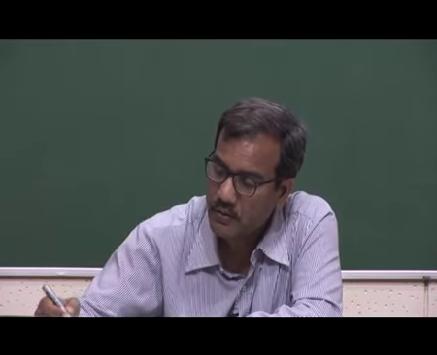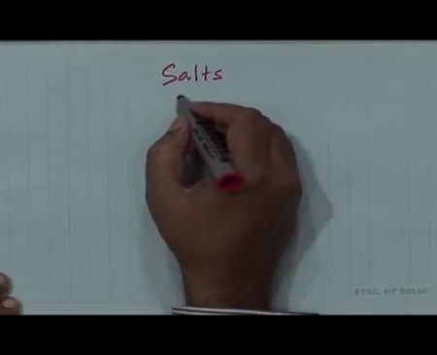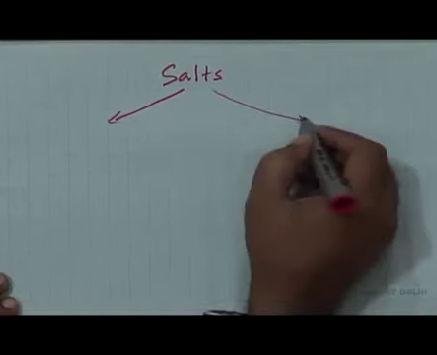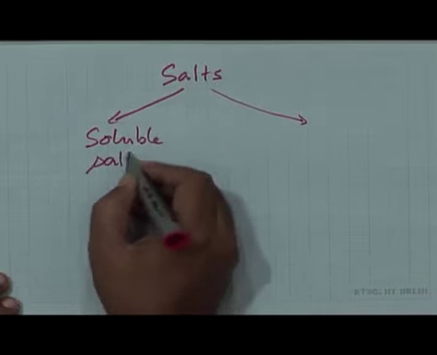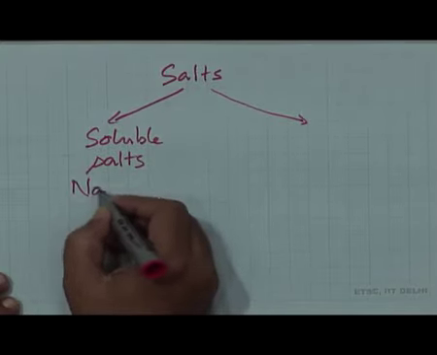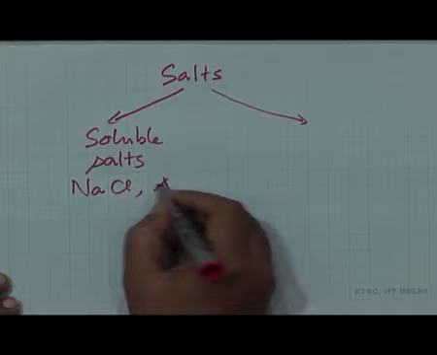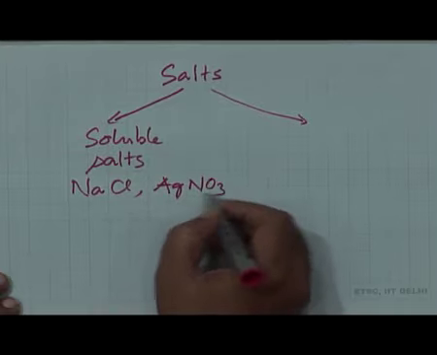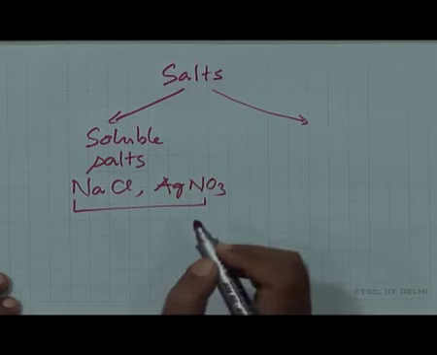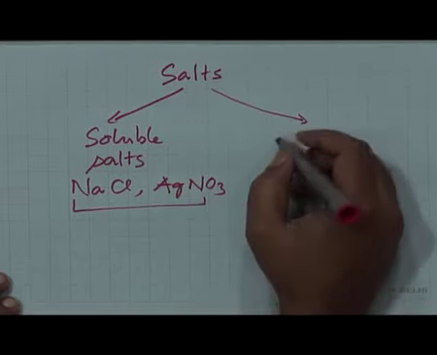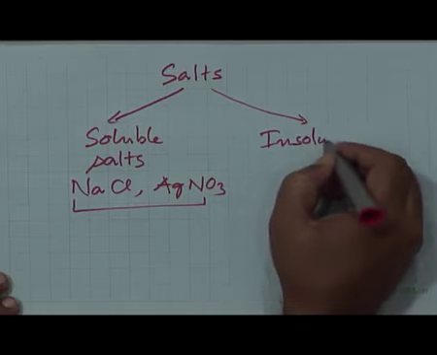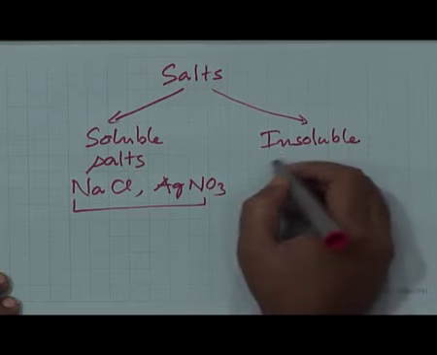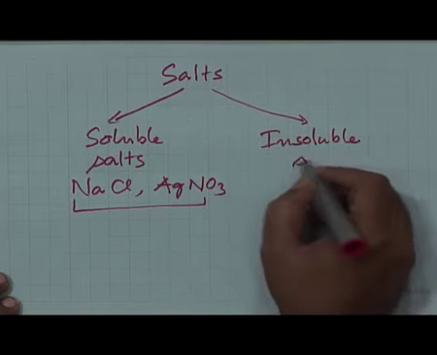Now, what about salts? Salts can be of two types: soluble salts, for example NaCl, AgNO3, which are quite soluble in water, whereas there are some salts which are insoluble, which means sparingly soluble salts.